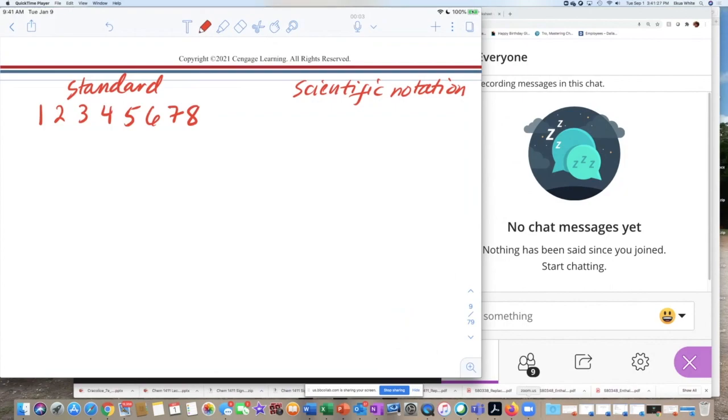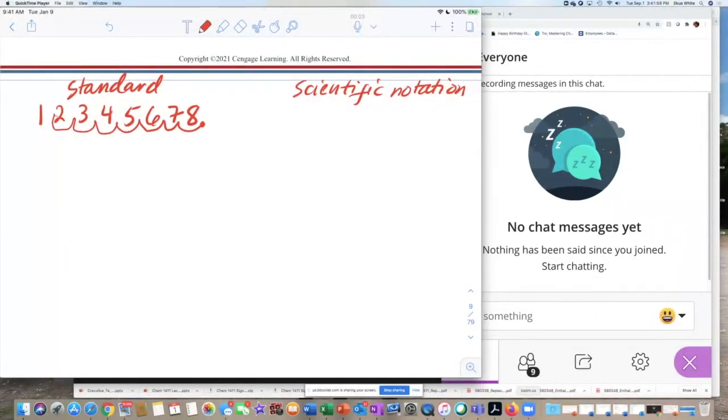So if it doesn't have a decimal, the rule said place a decimal point to the right of the last non-zero number. So I put a decimal here, and you want to move the decimal to the left until the number you have is between the recommended values, which is between 1 and 10. So you're going to move this 1, 2, 3, 4, 5, 6, 7.